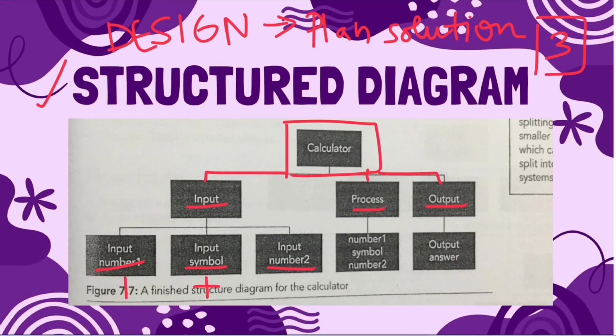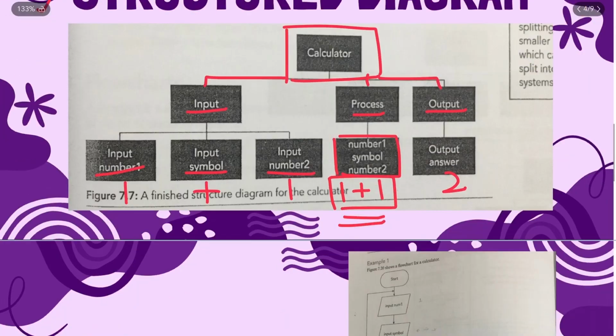Let's say 1 plus 1. You have your number, your symbol, and your number again. And then what happens in the process? Number 1, symbol, number 2. Okay? So it's basically like 1 plus 1. You carry out this process. And then the output is outputting the answer. So yeah, this is basically how a structured diagram is represented.